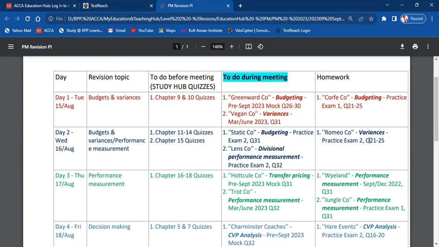Remember, in this same practice exam 2, there's a question on variances. Please do that, and then do the quiz questions in the study hub. I see those quiz questions as exam standard, so do them. If you have any problems, come back to me or bring them to class and let's discuss. All right.